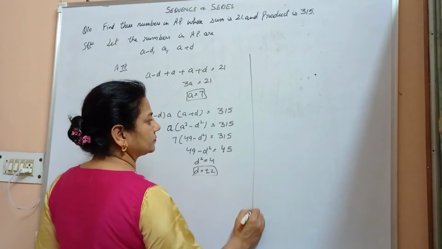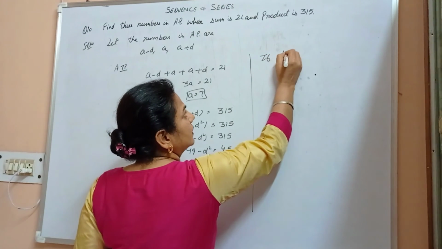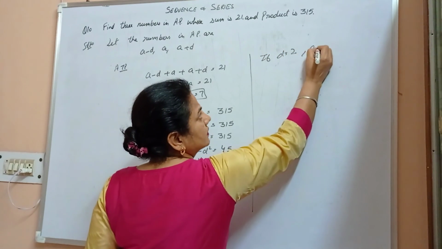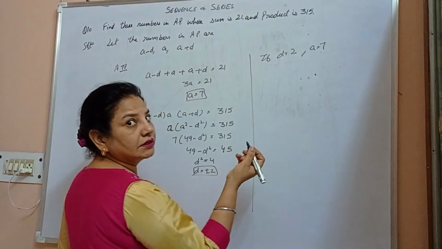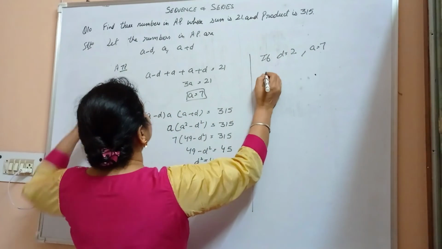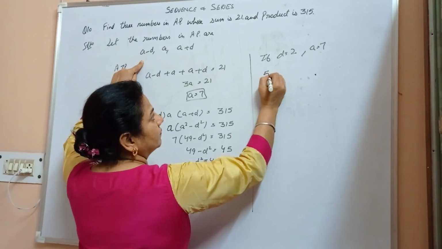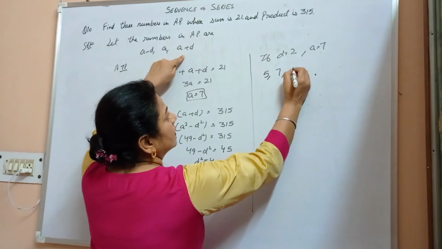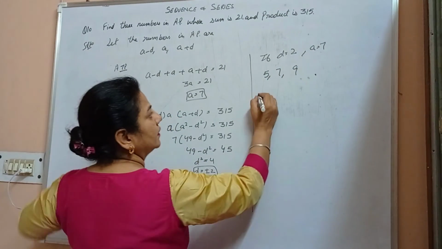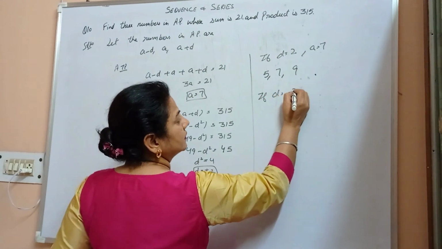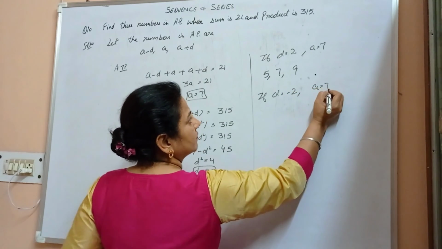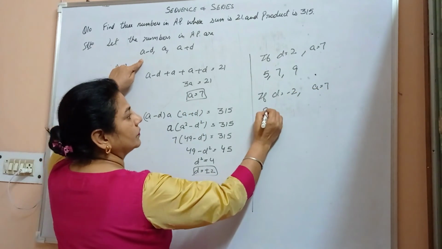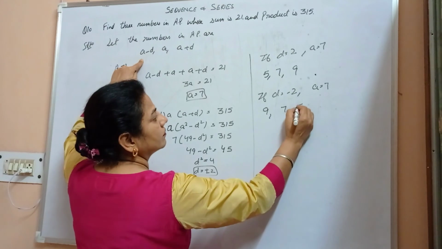Now if D is 2 and A is 7, then the numbers will be 5, 7 and 9. And if D is minus 2 and A is 7, then the numbers will be 9, 7, 5.